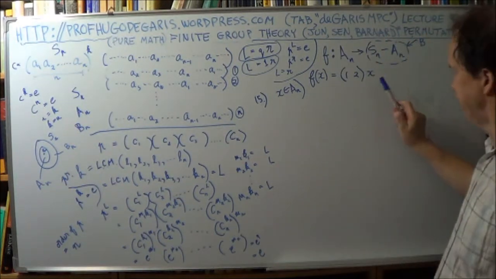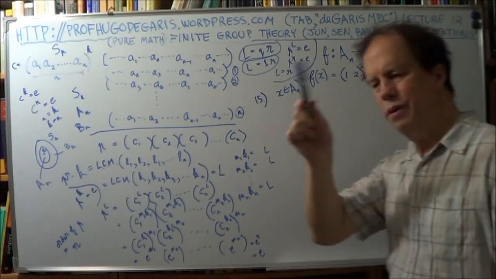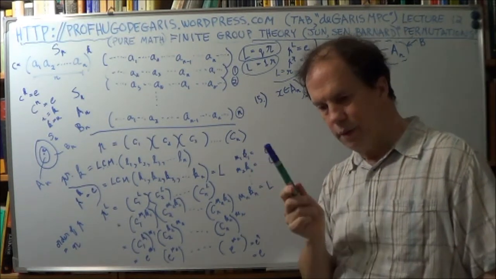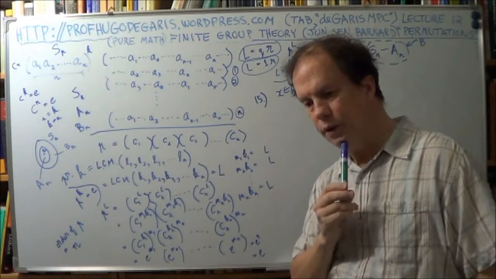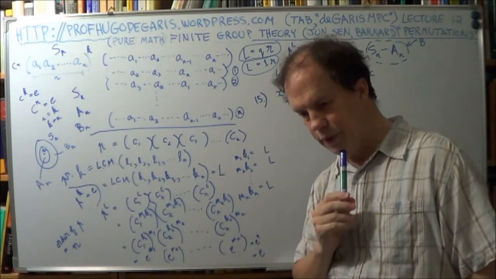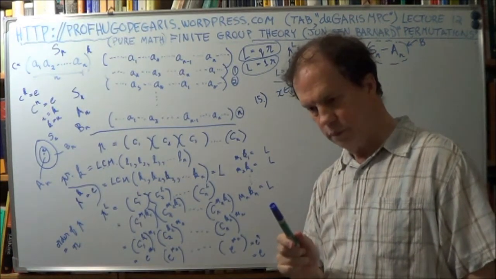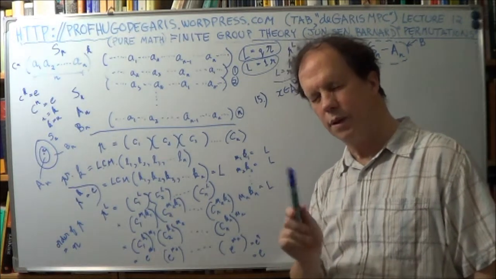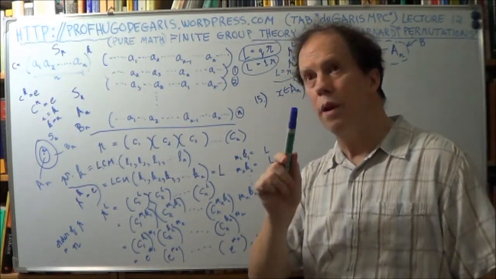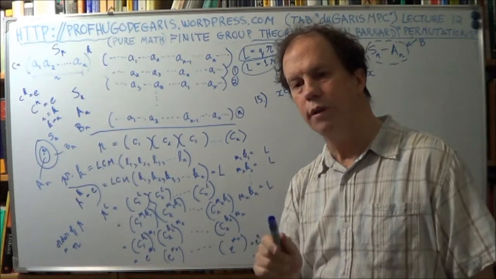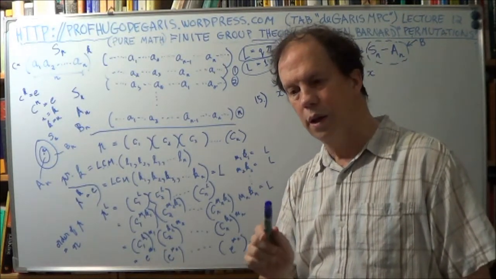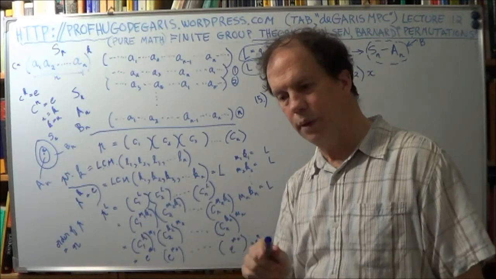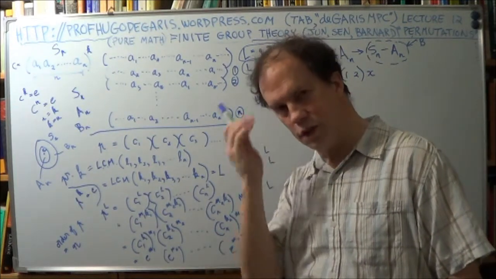Well, the theorem says that whether a permutation is odd or even will depend on the number of transpositions it has.